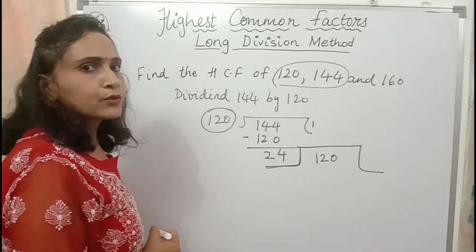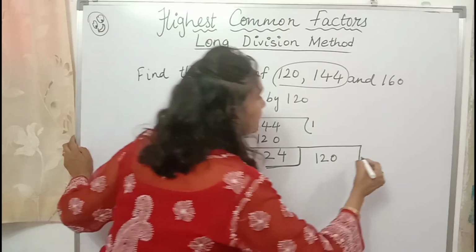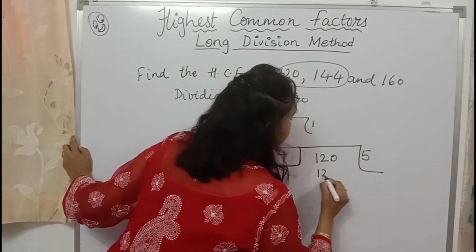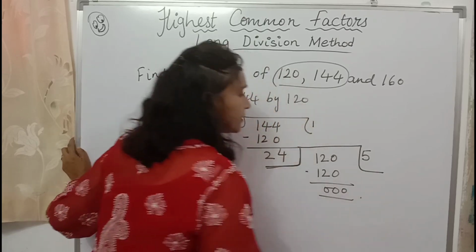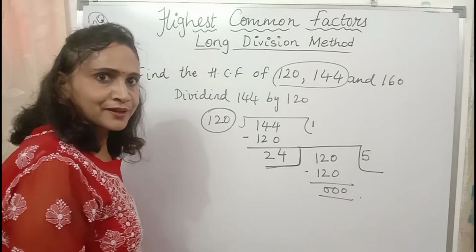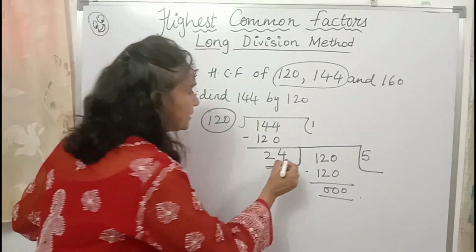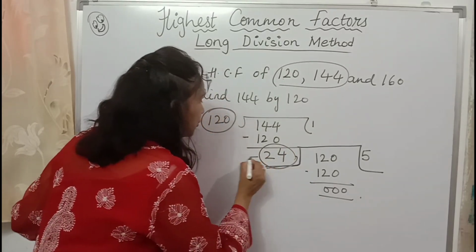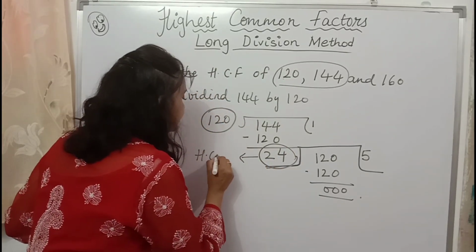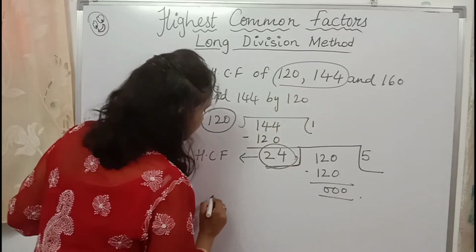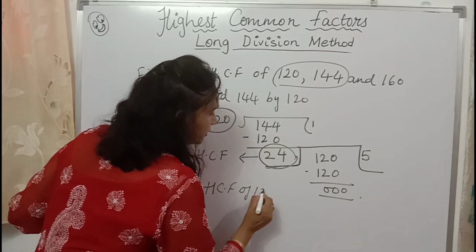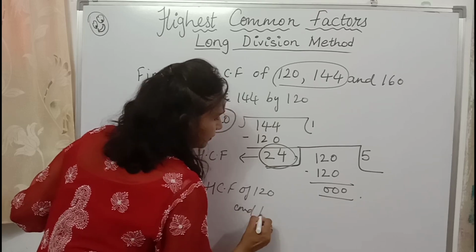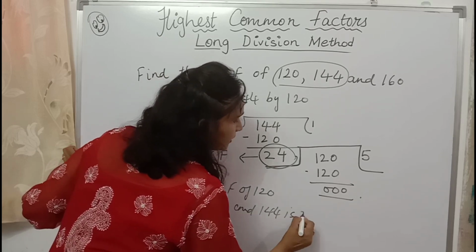Now 24, 5 times 120. Now your remainder is coming 0. That means 24 is the HCF of 120 and 144.